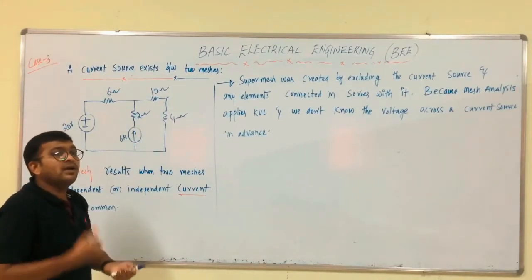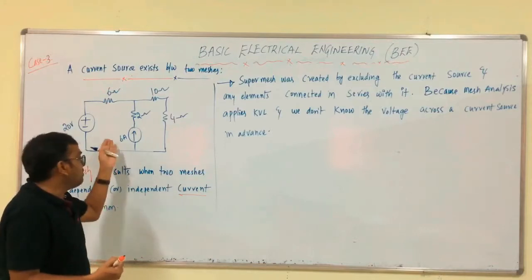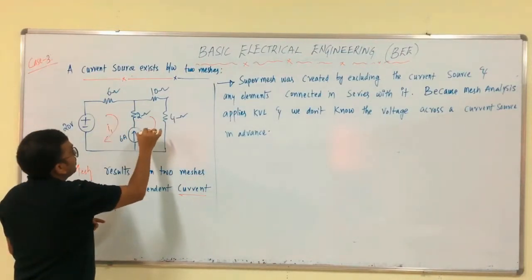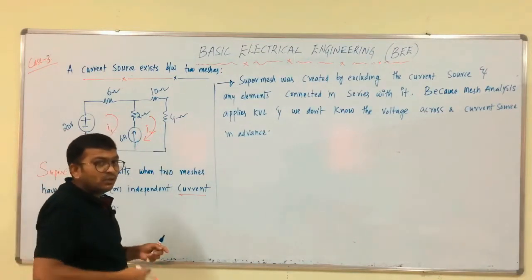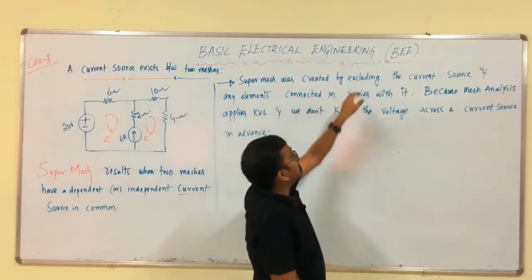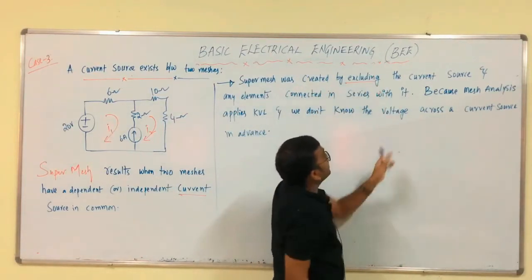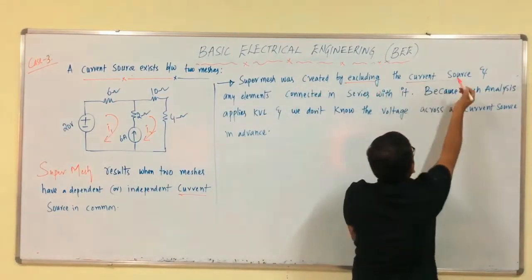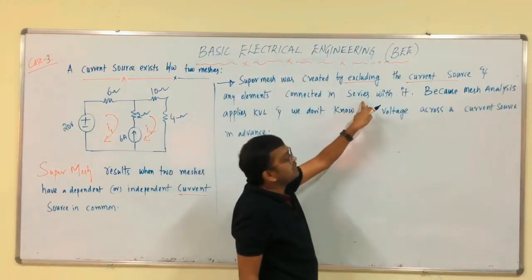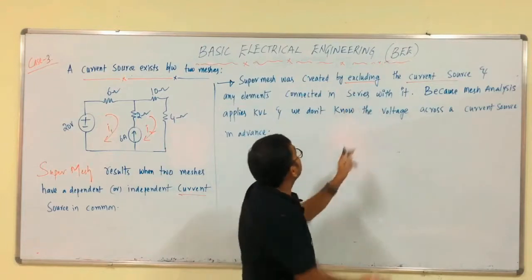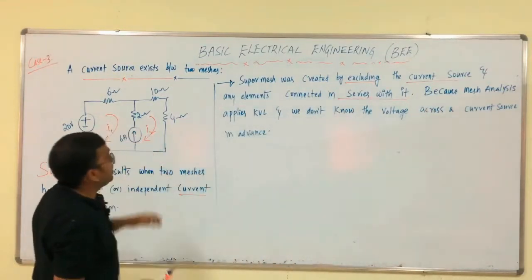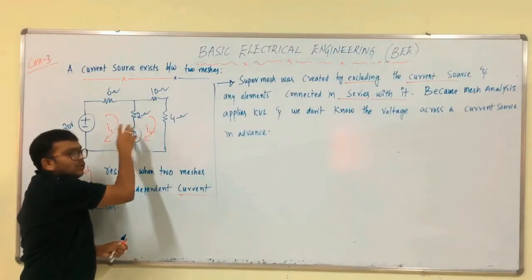Then how can we proceed to calculate the currents I1 and I2? The procedure is that a super mesh is created by excluding the current source and the elements which are connected in series with it. So, simply, from this circuit we have to remove this current source.